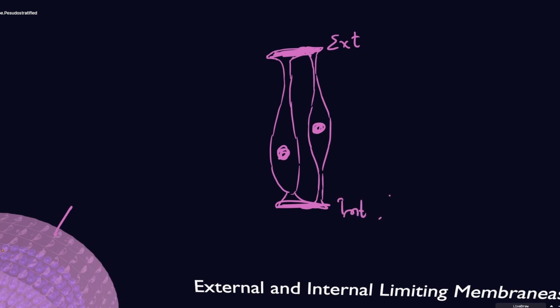So external as well as internal limiting membrane. And of course, please don't forget that at the site of the external membrane, this is basically the basal side. Here we have the basement membrane, which consists of some collagen fibers, and basically connective tissue is there. So basement membrane along with these foot processes, they are called external limiting membrane.